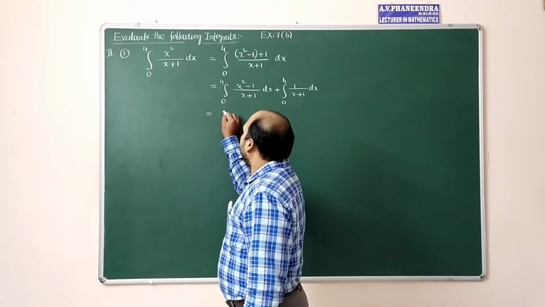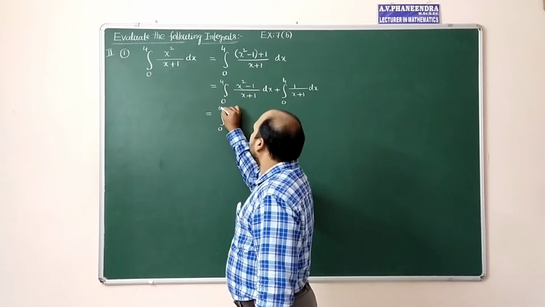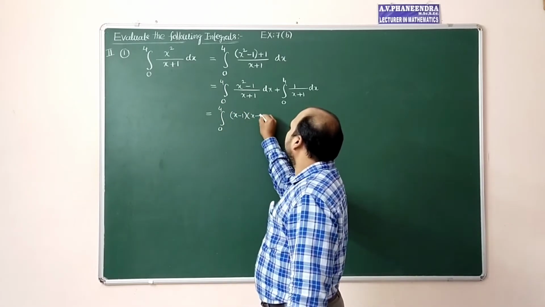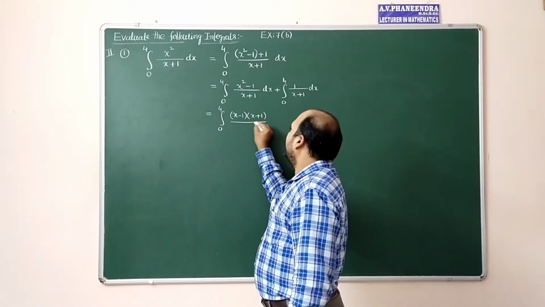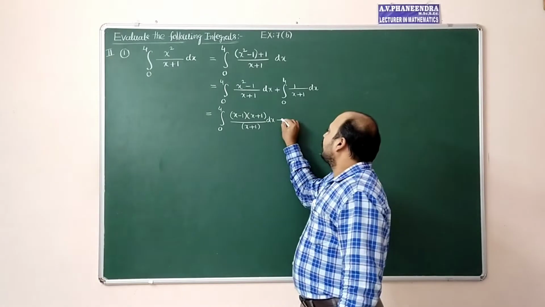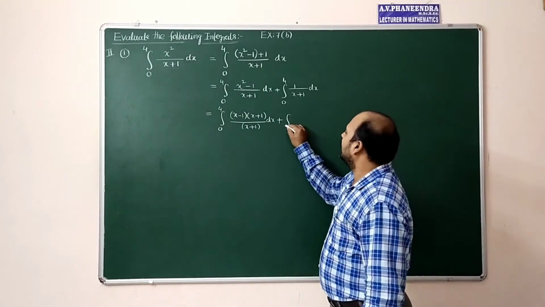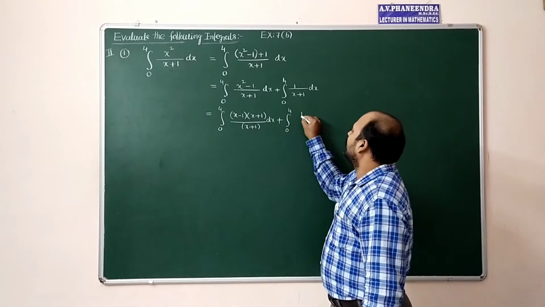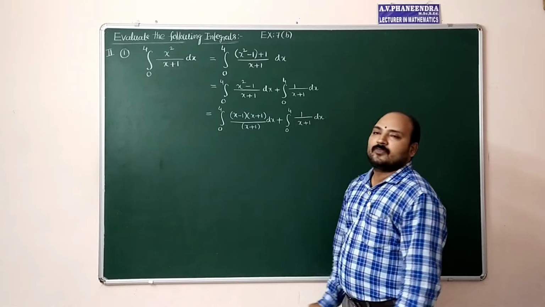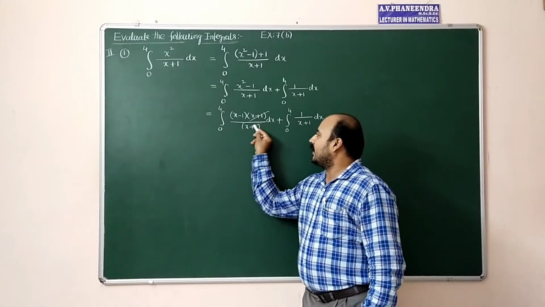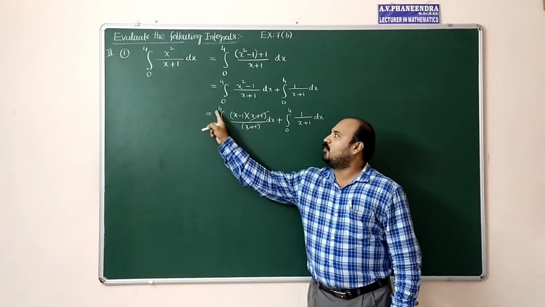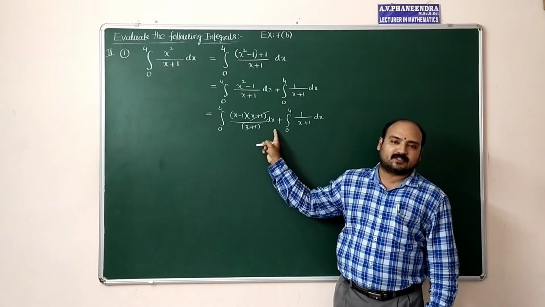So, integral 0 to 4 x minus 1 into x plus 1 divided by x plus 1 into dx plus integral 0 to 4 1 by x plus 1 into dx. Here x plus 1 gets cancelled and remaining is integral 0 to 4 x minus 1 into dx.